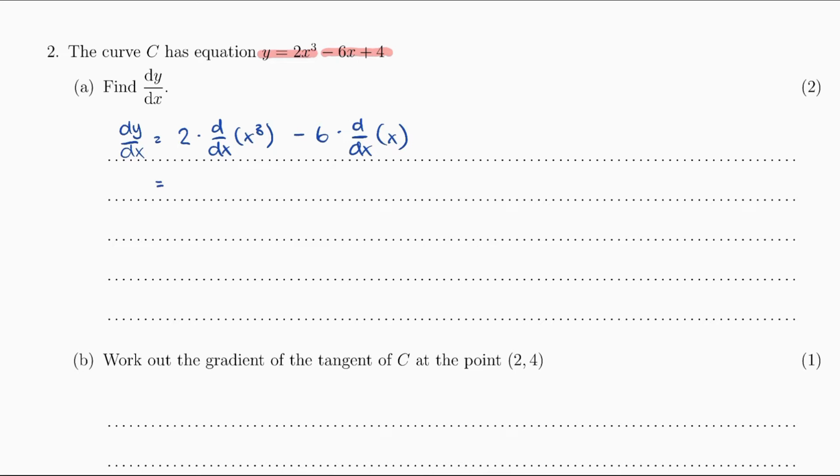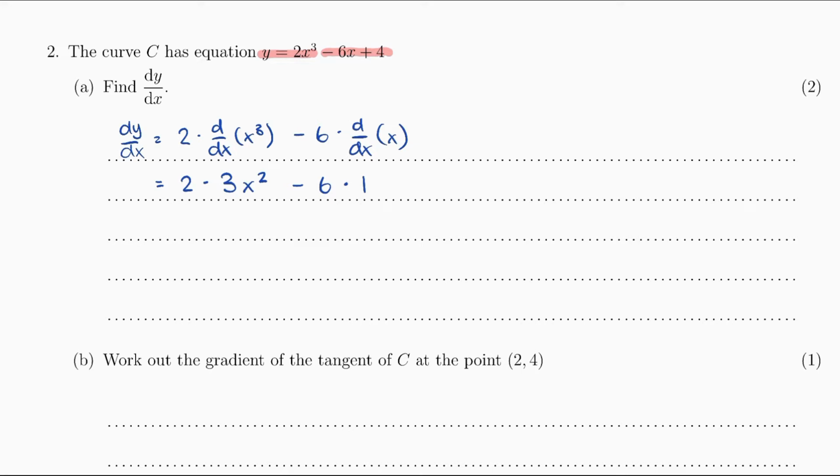So therefore, we have 2 multiplied by the derivative of x cubed, and we can use the power rule again. So we bring the power to the front, bring 3 down to the front, then we minus 1 from the power. So from x cubed, we go to x squared. And similarly here, we have minus 6 multiplied by the derivative of x. X is x to the power 1, so we bring the power down to the front, and we minus 1 from the power.